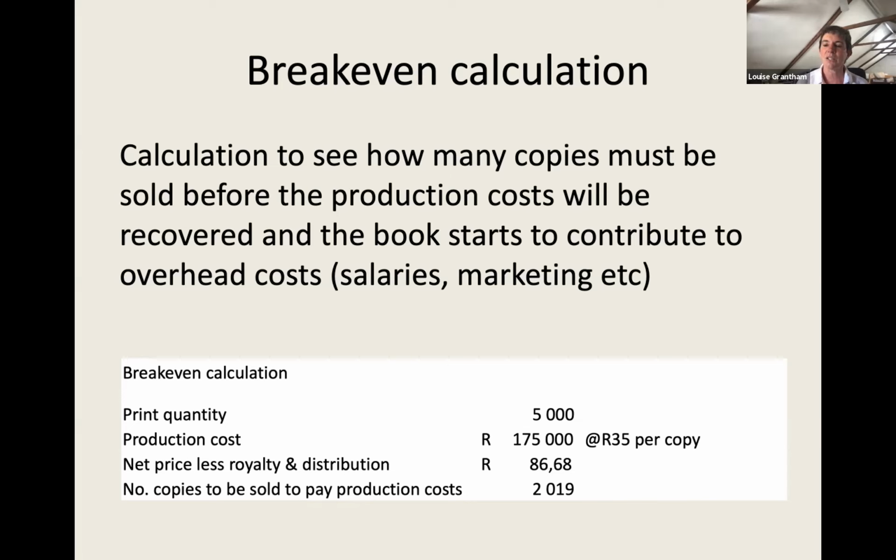But in this case, it's only after 2,000 copies that we will start to make money to cover salaries, marketing, all of the other costs that don't go into the direct costing of the book. And you will know that in this market, that's extremely difficult to do. It's very difficult to actually get books in many sectors of the market to go beyond the break-even point.